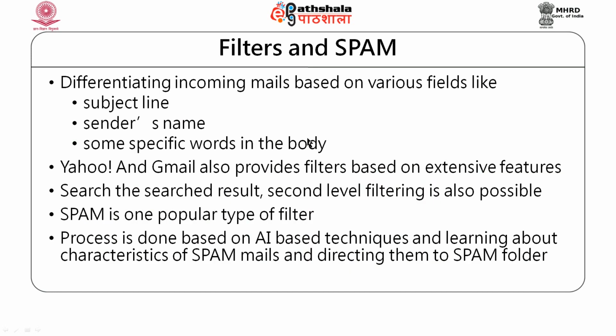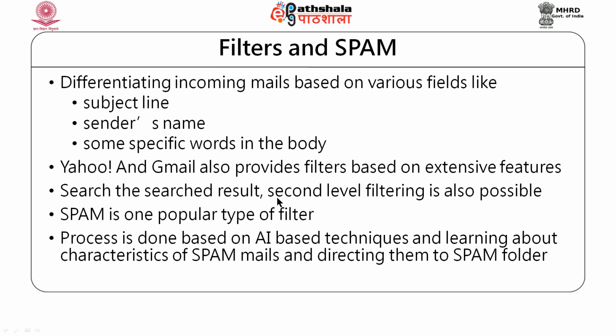Current mail systems have a very interesting feature called filters and spam. This is not provided by SMTP, this is provided by user agents, and we have already seen that. You can differentiate incoming mails based on the subject line, sender's name, or some specific words in the body, and you have probably used Yahoo and Gmail filters also.